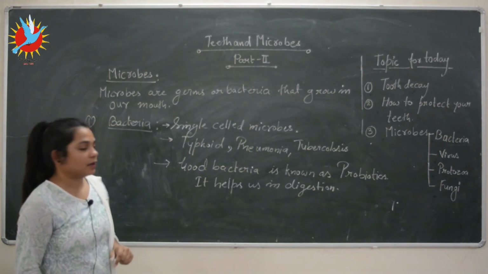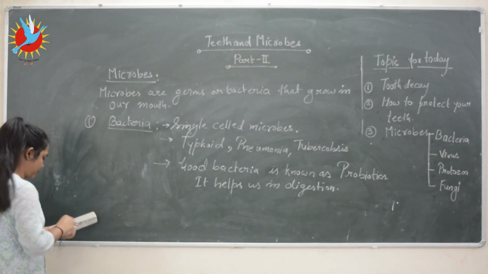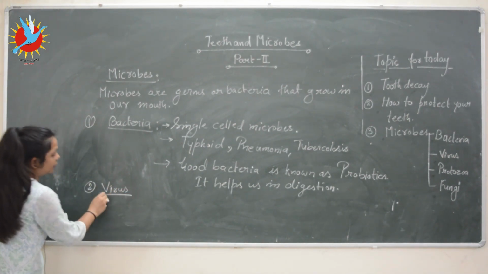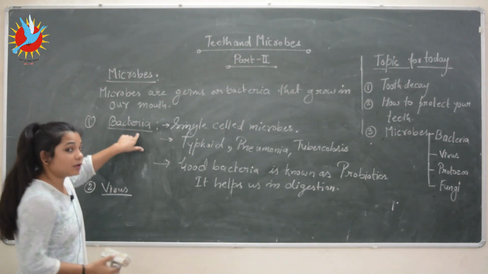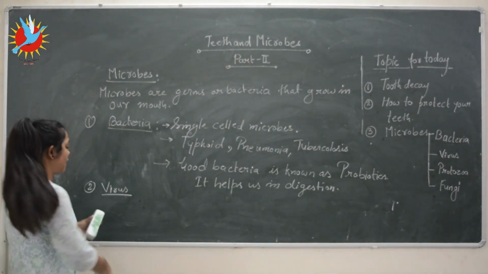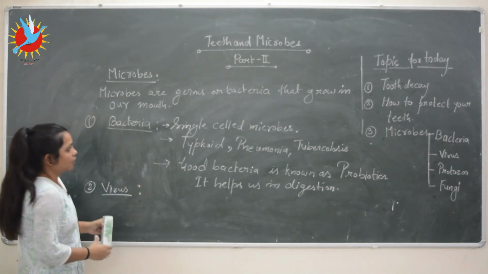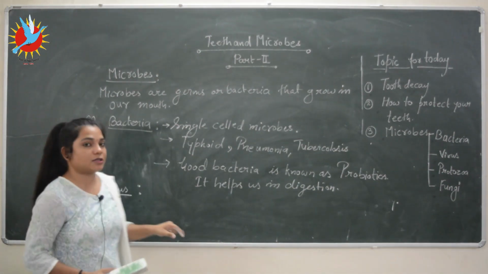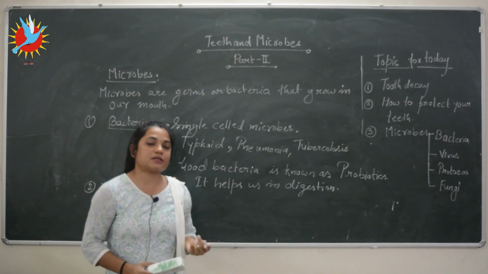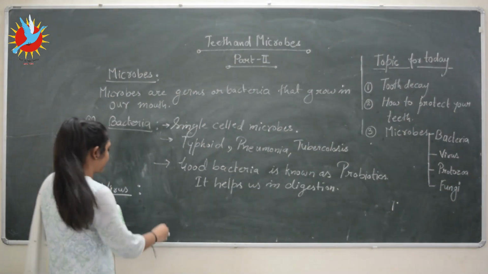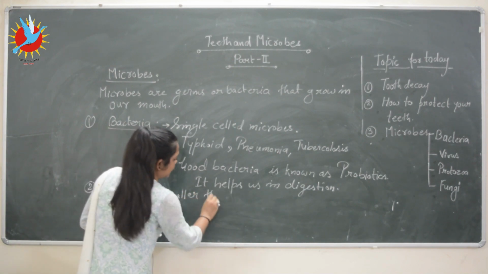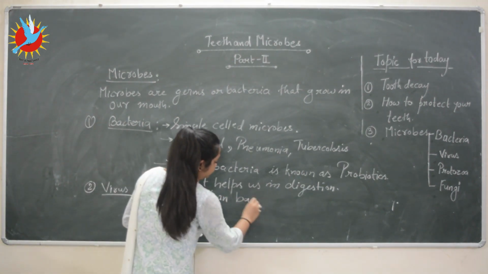Now the second one, that is virus. Well, these are smaller than bacteria. Okay, now please remember, virus can cause flu, chickenpox and polio. The first point, smaller than bacteria.